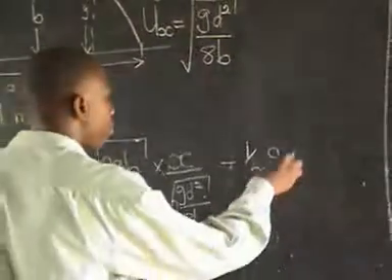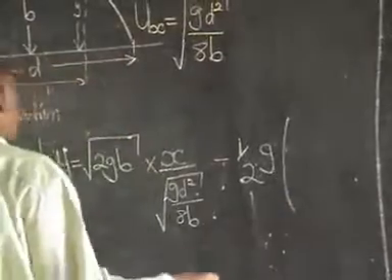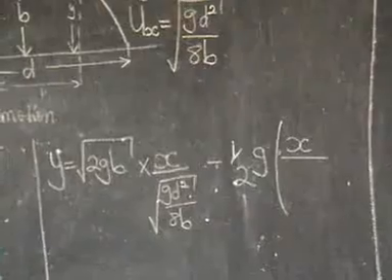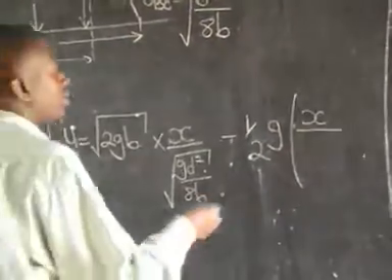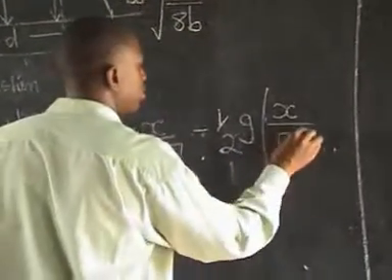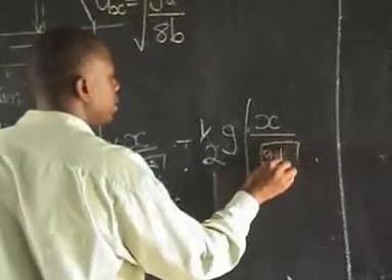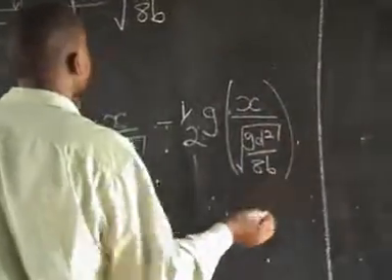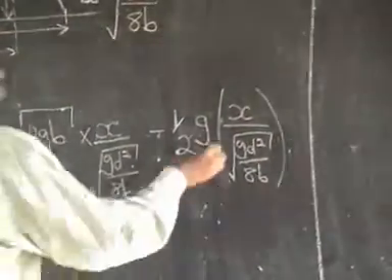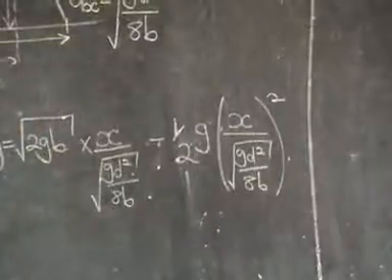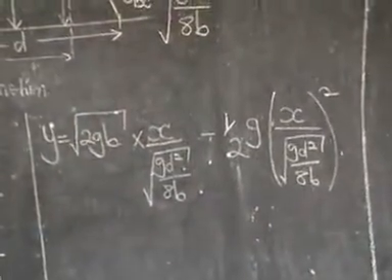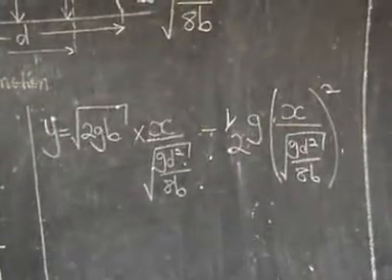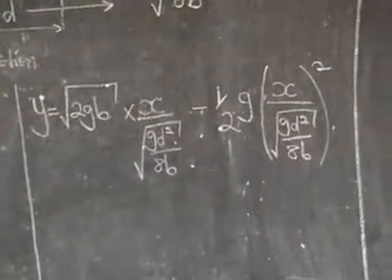So t1 is x over Ux. So my Ux, there is no harm, it is square root of g squared d squared divided by 8b, the whole of it squared. So now I'm going to simplify the given expression to see whether it will reduce to what we are looking for.